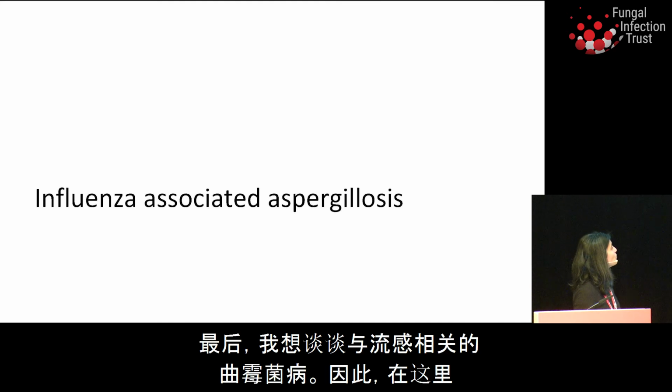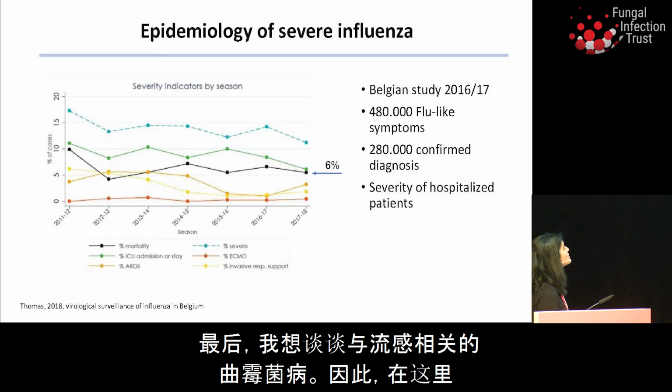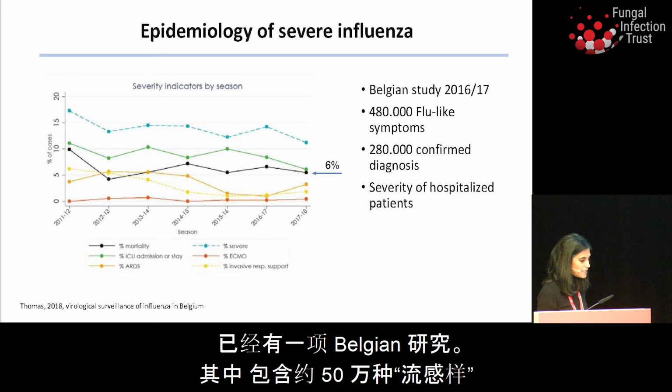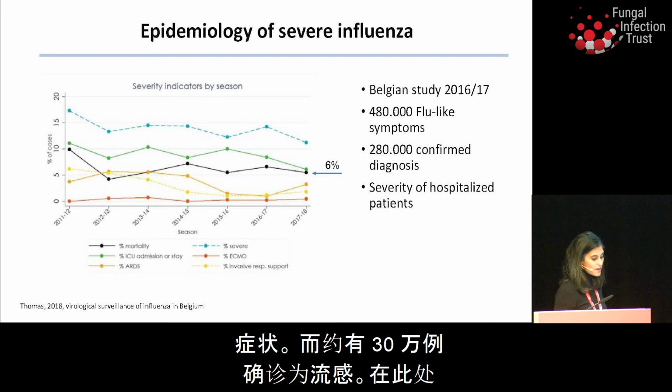So I would like to say a few words on influenza-associated aspergillosis. Here I would like to give you an overview of the epidemiology of severe influenza. There has been a Belgian study. They included around 500,000 flu-like symptoms, where around 300,000 had a confirmed diagnosis.